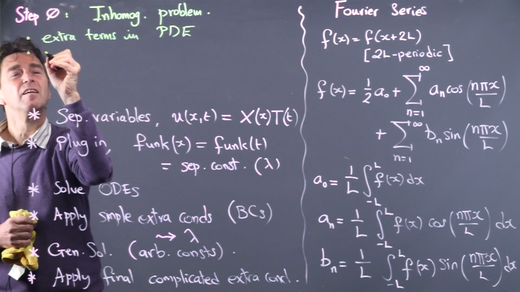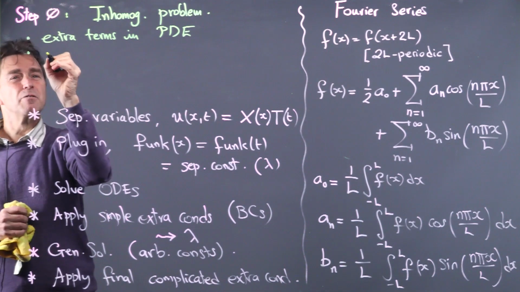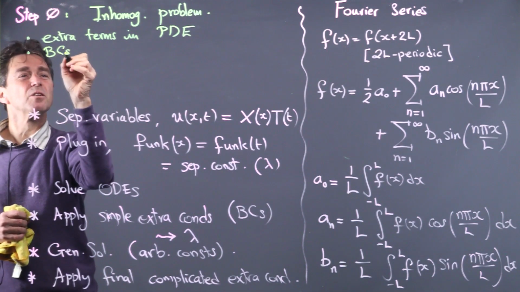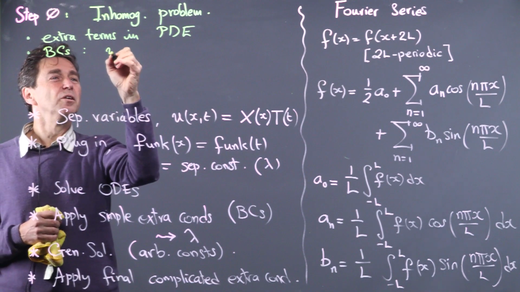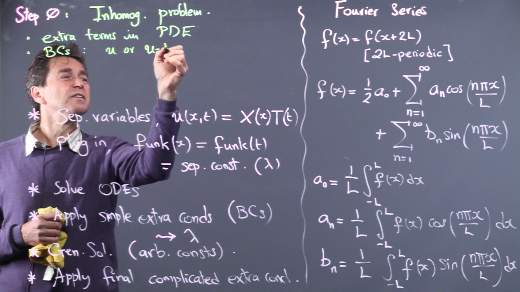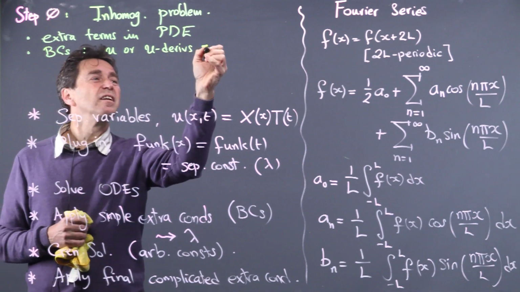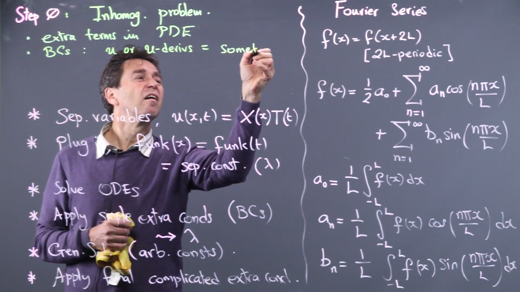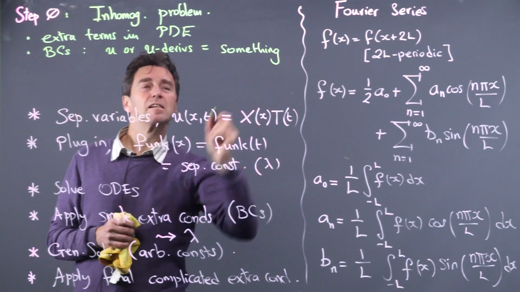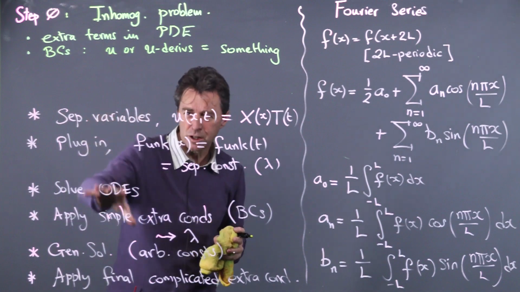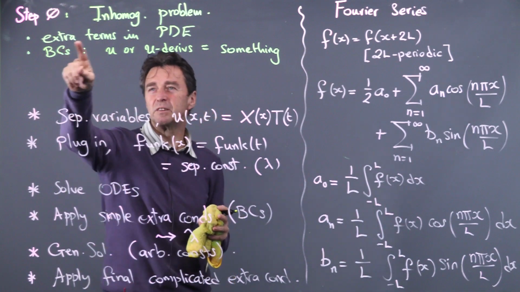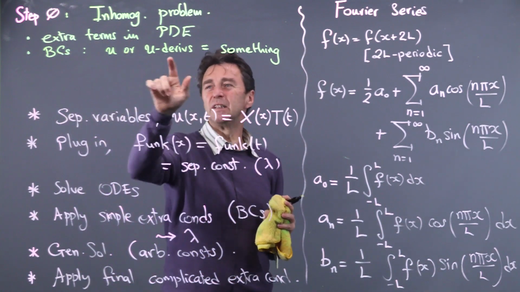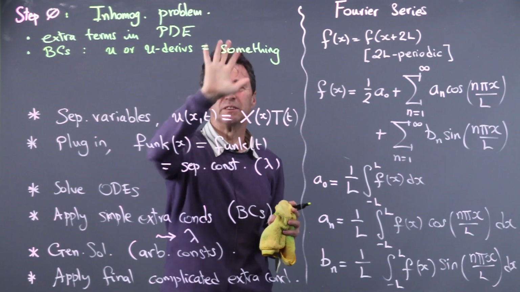And there are extra terms in the boundary conditions, so that the boundary conditions look something like u or u derivatives equals something. So the homogeneous problem that this all applies to, it doesn't have these extra terms in the PDE, and it just says that u or the derivatives of u is 0.